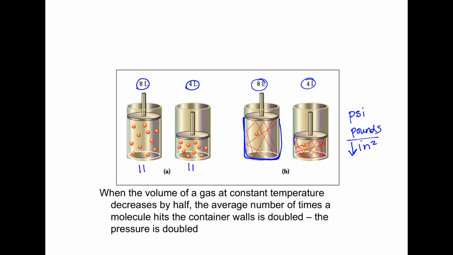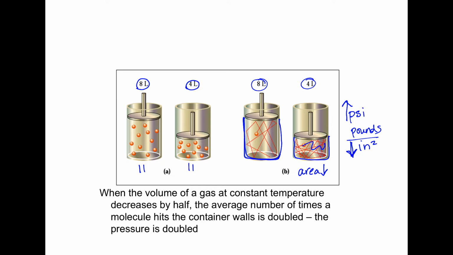In this container, the collisions are spread out over that area. And there's actually more collisions in this area because the gas hits the walls more often. So in this case, the area, at least, is lower. And we know when area is lower, the pressure is going to go up. So that's how changing the volume of the container can change the pressure of the gas.